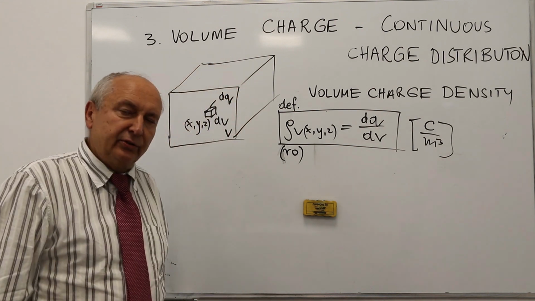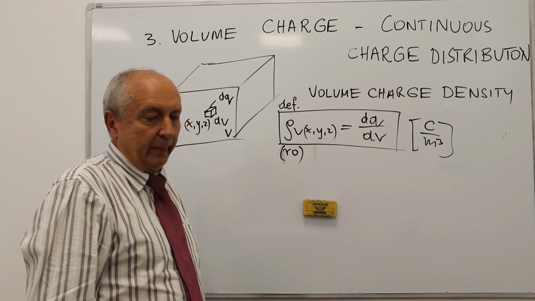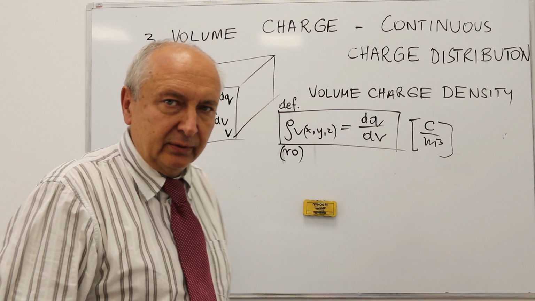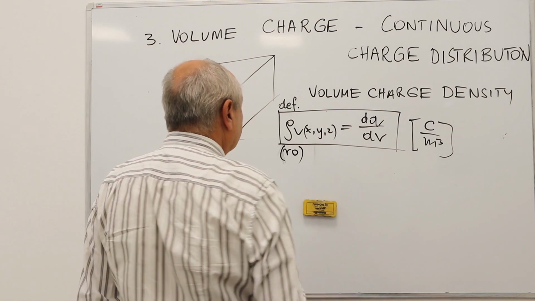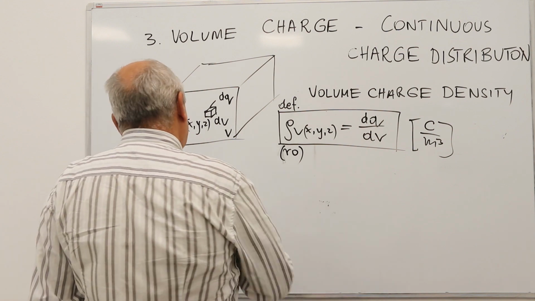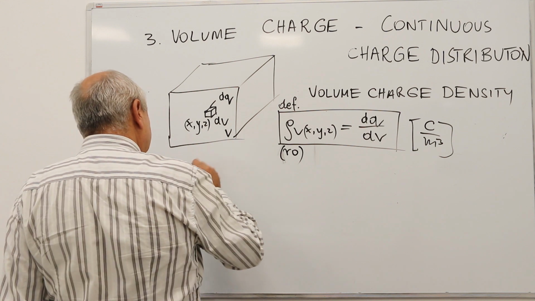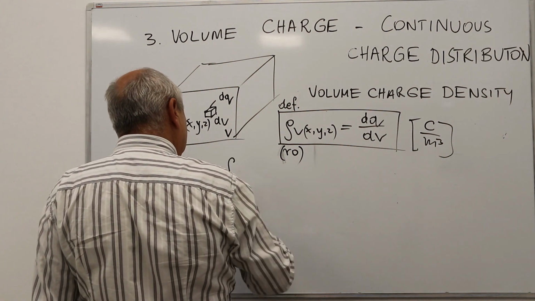As we see, the definitions of the density of continuous charge distributions are very similar to one another and very easy to remember. Like before, we can calculate the total charge from a formula.